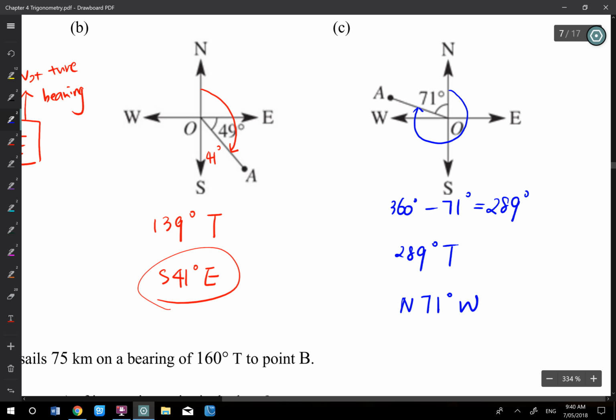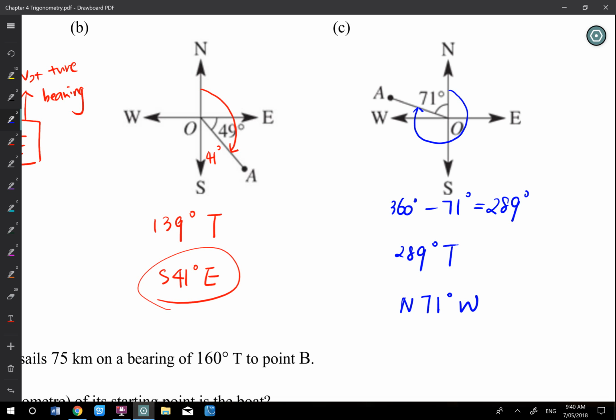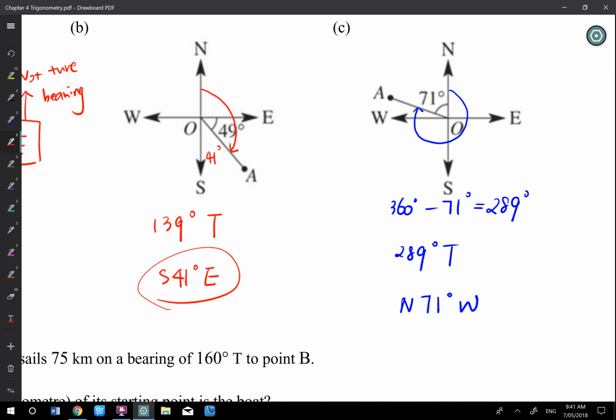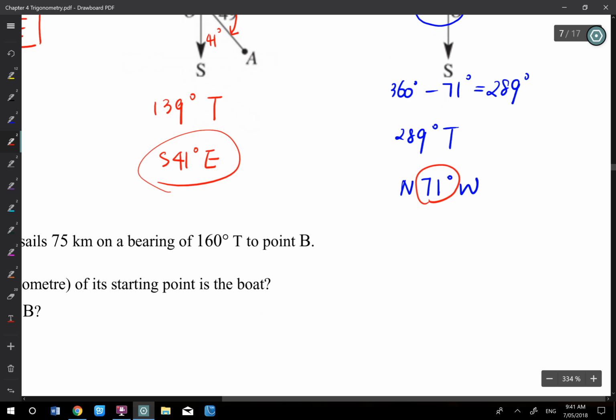We always start from the north or south. So north 71 to the west, or south some number of degrees to the west. For true bearing we can have an angle between 0 and 360 degrees. But for the northwest notation, the angle we only take is between 0 and 90 degrees.